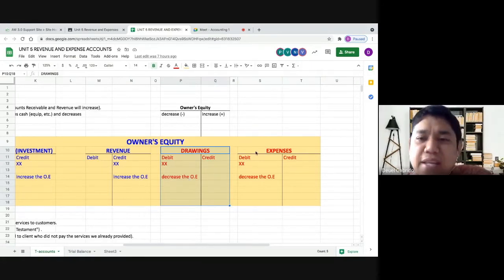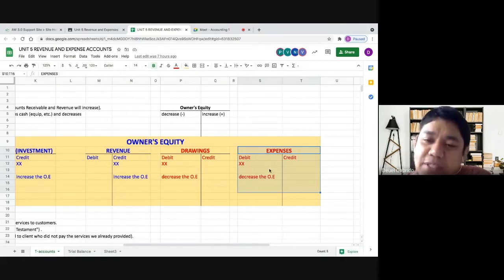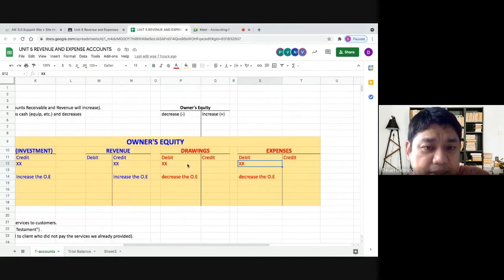But for expenses, it is very clear. They will state it in the problem. For example, they repair the car of the business for, let's say, $200. Of course, it's a business thing, so you put car expense. Always look at the rule: debit, debit.